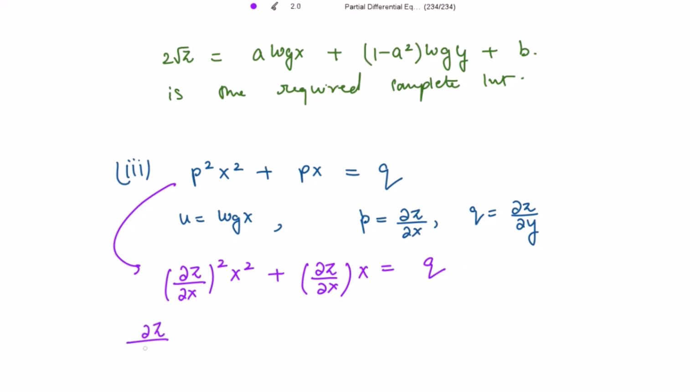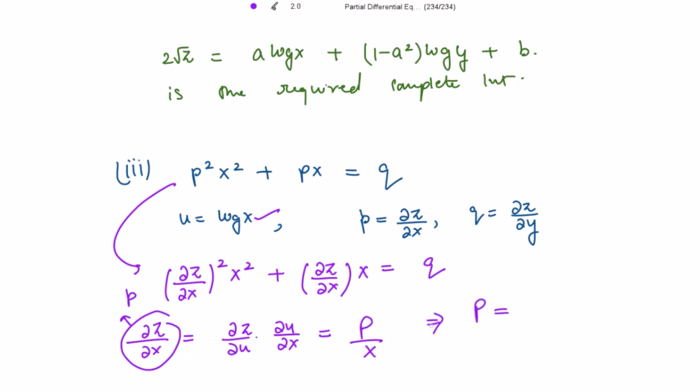What is del z by del x? We need to calculate this. It is del z by del u into del u by del x. Take del z by del u as your capital P, and del u by del x is from here 1 by x. This is nothing but your small p. So we can have capital P equal to small p into x.